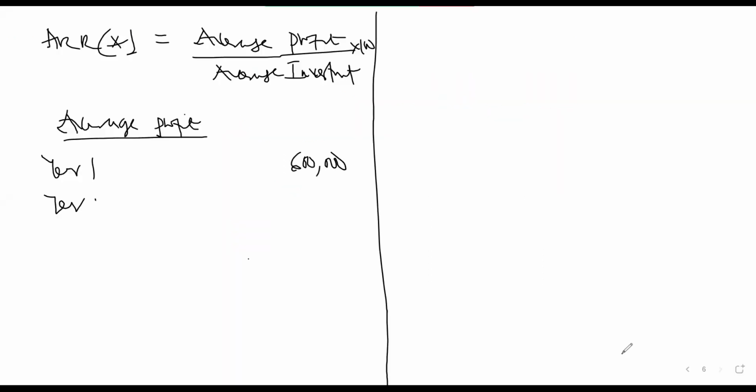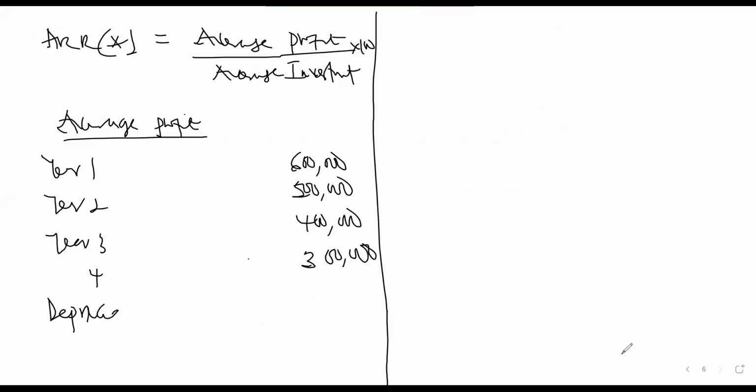Year two is 500. Year three is it 400? And year four is 300. Okay. These are all profits before depreciation. So you have to take the depreciation from it. The depreciation will be the full value, which is 1 million.